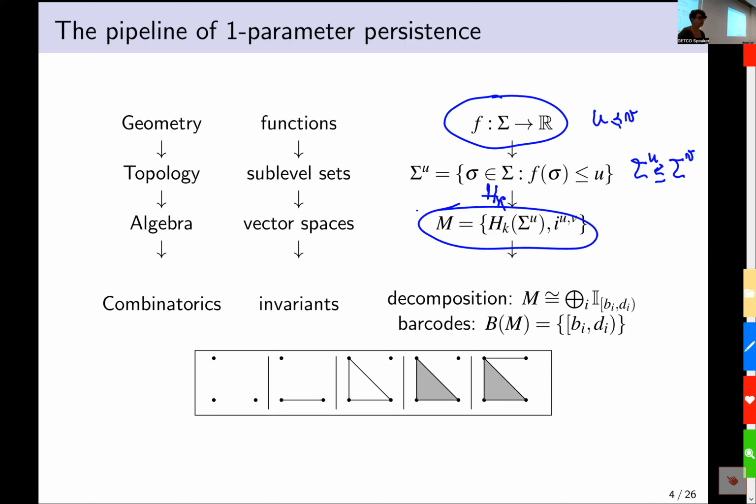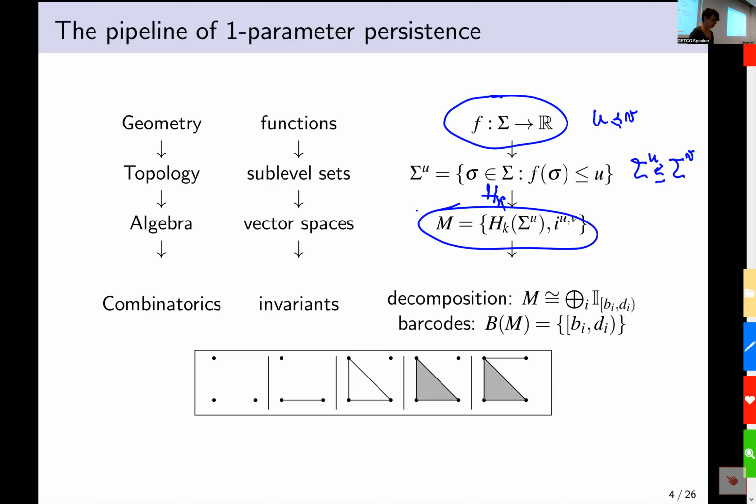But this persistence module may still be complex to understand, and therefore we want to find invariants of it. Here there are two strategies that people have used over the years to obtain invariants for persistence modules.